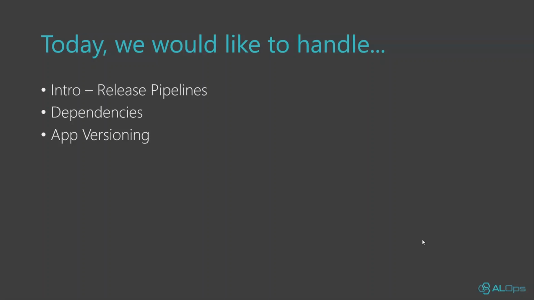The next thing after build pipeline is obviously an introduction of release pipeline. So I would like to start with that. Next, I will handle dependencies quite deeper. And I will end with the third most requested topic, a few tips and tricks on what you can do in terms of app versioning and how you can handle versioning your apps.